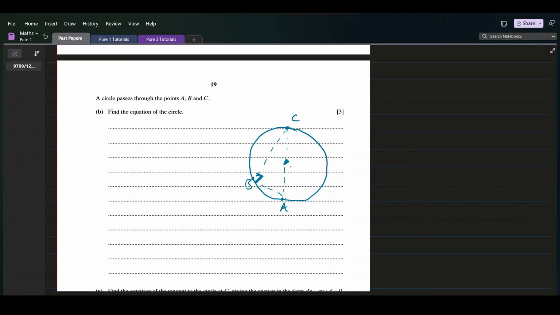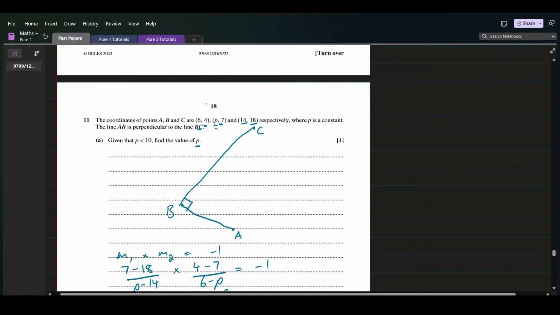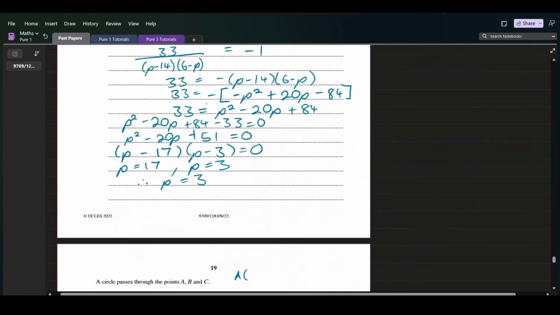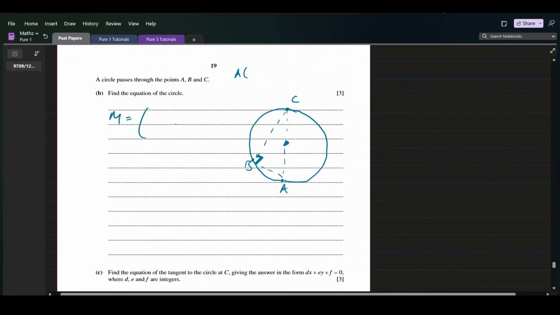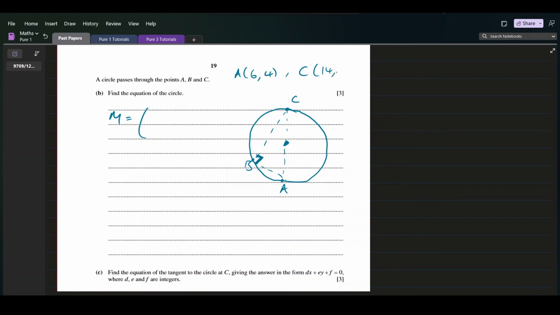So using this knowledge, we can then say that the center of the circle is the midpoint of AC, and we can find our midpoint using the coordinates of A and C. A has coordinates 6, 4, and C is 14, 18.